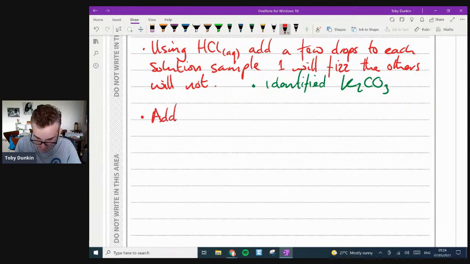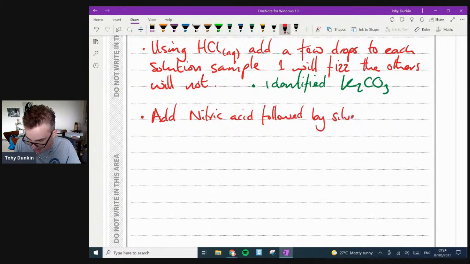add nitric acid, followed by silver nitrate solution. Nitric acid followed by silver nitrate to the last 2 samples.